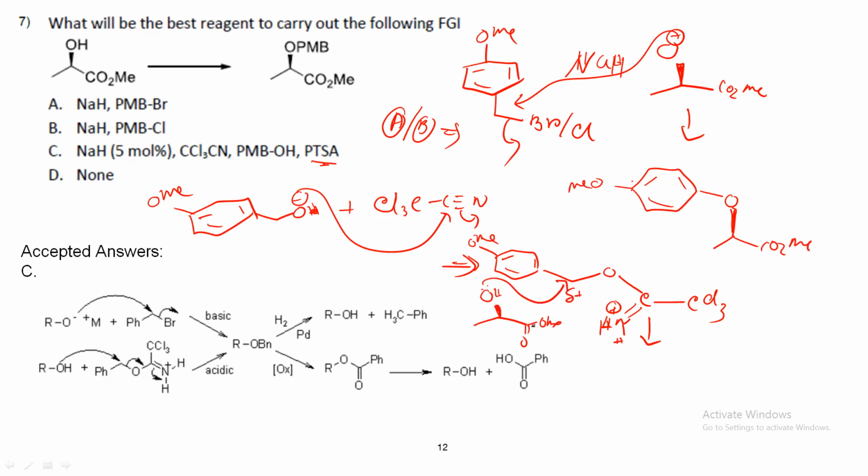An alcohol can attack this center, followed by this type of thing. So here again we are generating PMB protection, in the same way, and we are generating PMB protection.